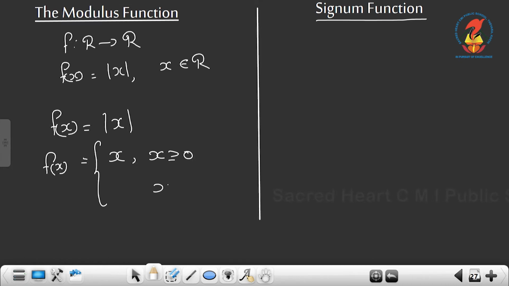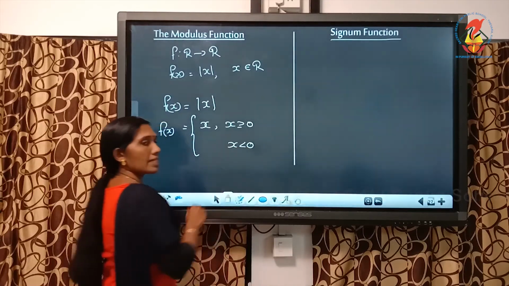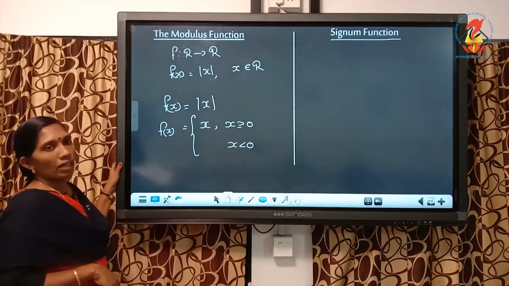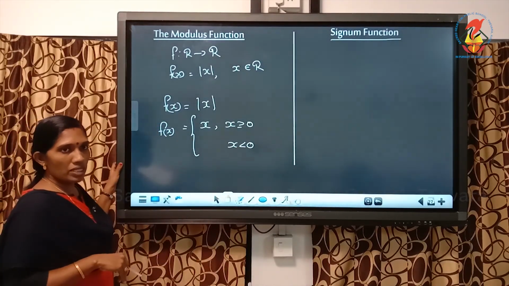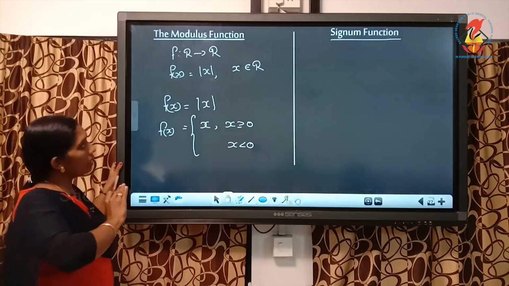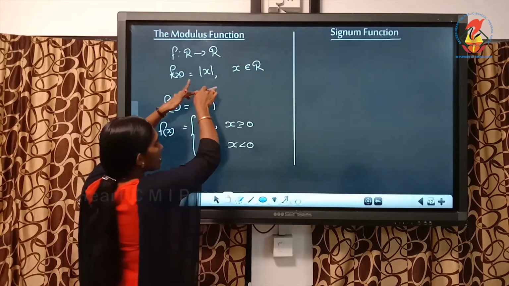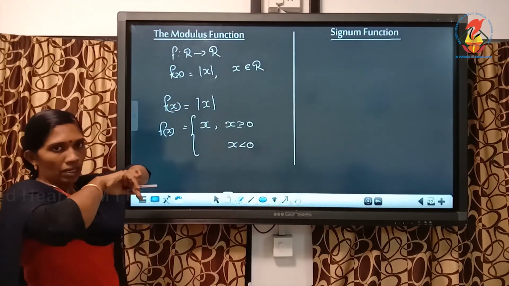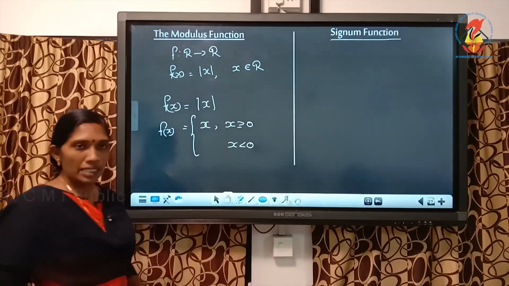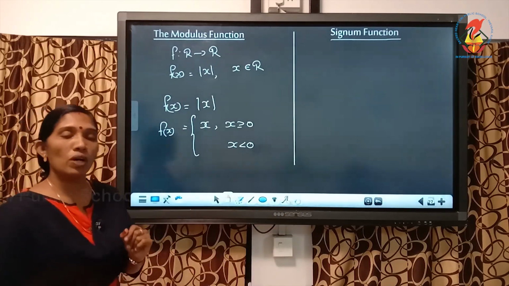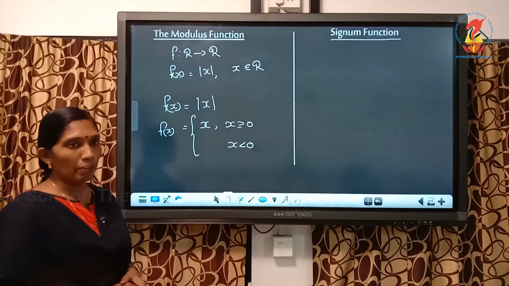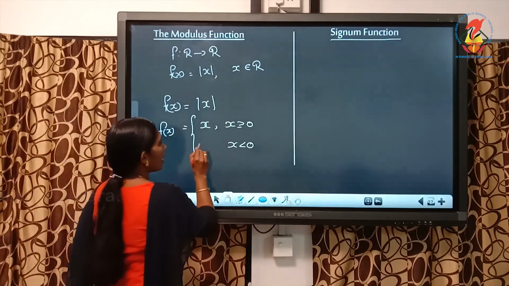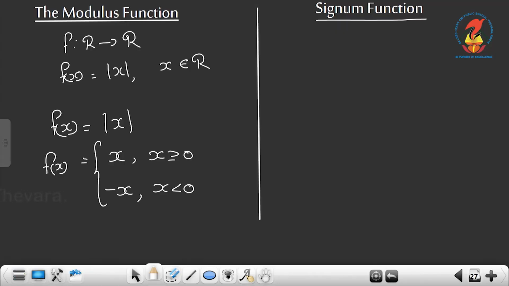When x is less than 0, that is, x is negative, the answer is always positive. So when x is negative inside this mod symbol, and you have to get the answer as a positive number, what you have to do is multiply by a minus sign. So here we write minus of x. Okay.